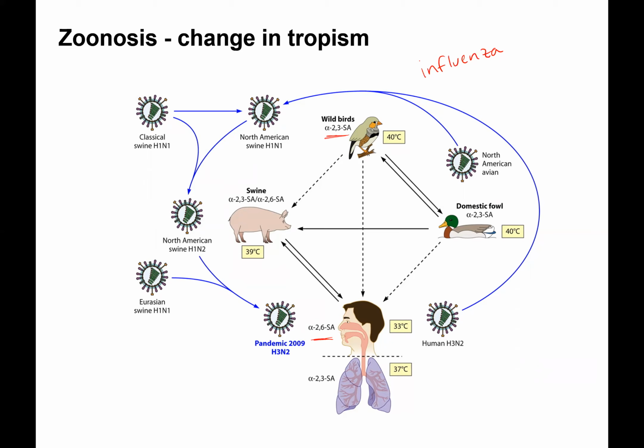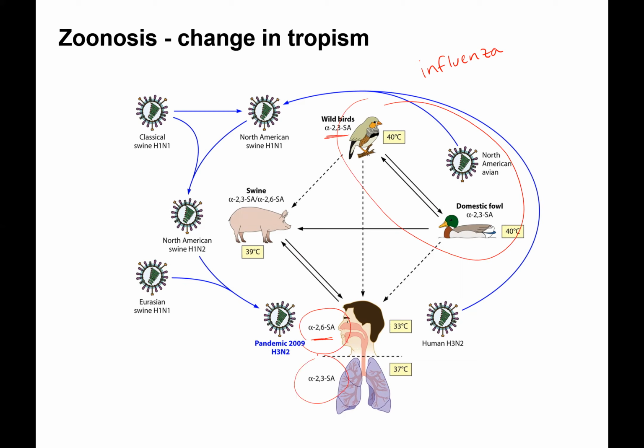So for instance, birds use primarily the 2,3 attachment. In humans, we have more 2,6 in our upper respiratory tract and 2,3 in our lower respiratory tract.